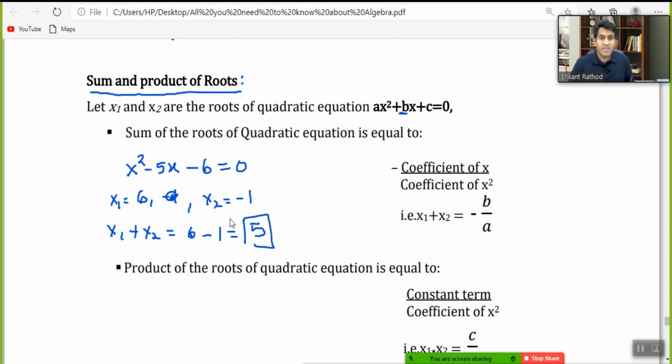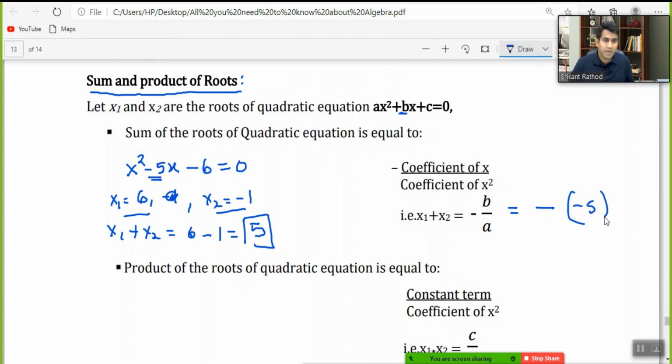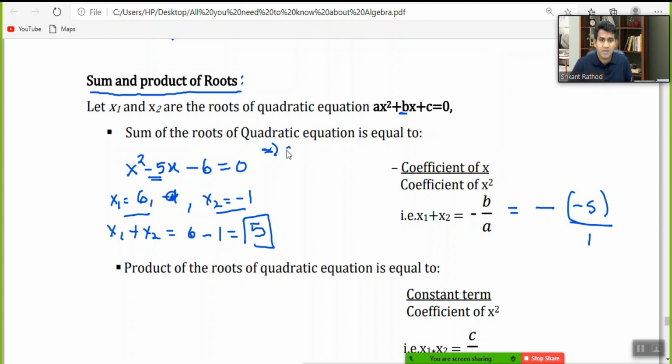But this is after finding the roots and then adding. If I go directly by the formula, the minus sign is there. What is the value of b? As per the general expression, b here is negative 5, and the value of a is 1. Comparing a, b and c for this equation, a is 1, b is minus 5, and c is minus 6.